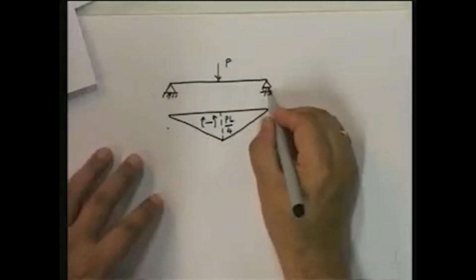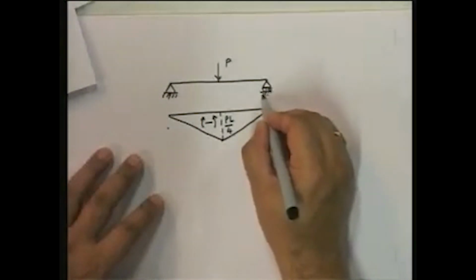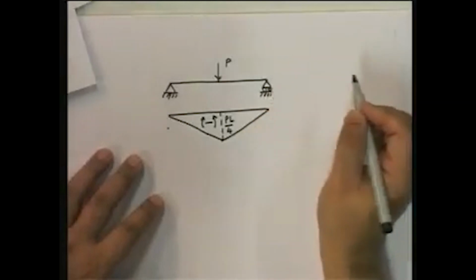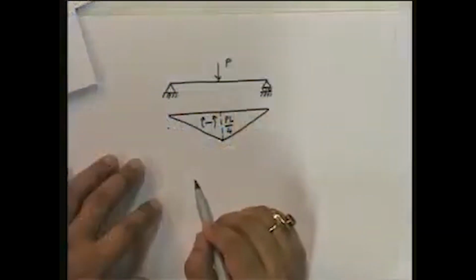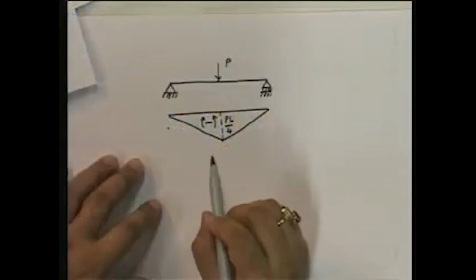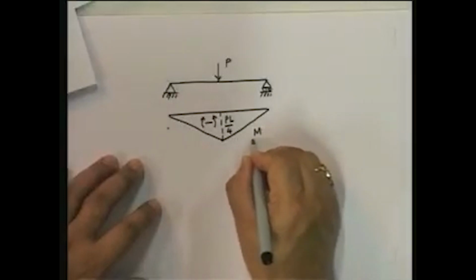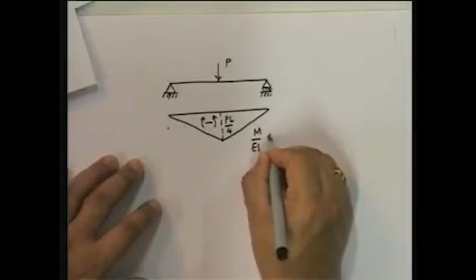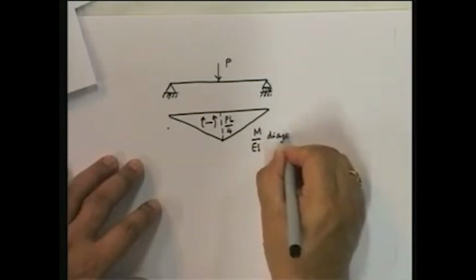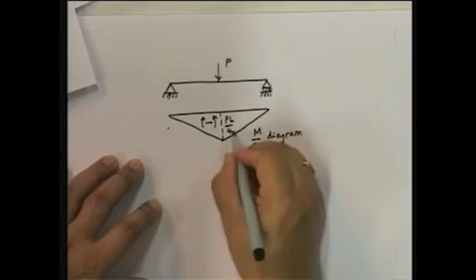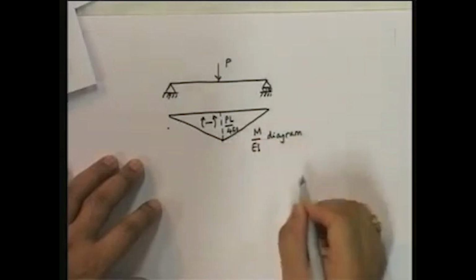By now, for a statically determinate structure, you should be able to draw the bending moment diagram, shear force diagram, and any other diagrams that you have to draw. So this is my bending moment diagram. And since EI is a constant, this M upon EI diagram is going to be equal to PL upon 4EI.